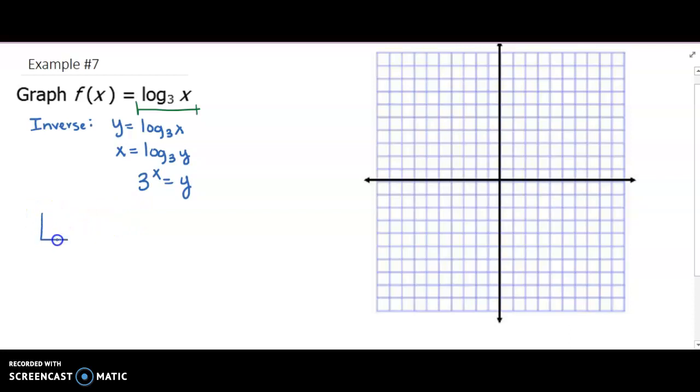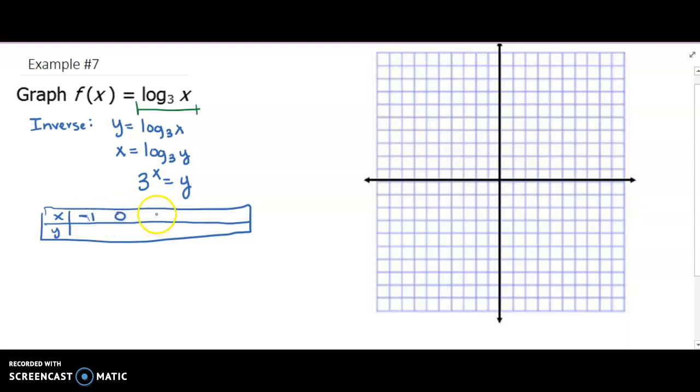Okay, so if I kind of chart 3 to the x equals y, make some x and y's. So I have x, y, let's do -1, 0, 1, 2, and 3. If I plug these x's into this formula, I would get 1/3, 1, 3, 9, and 3 to the third is 27.